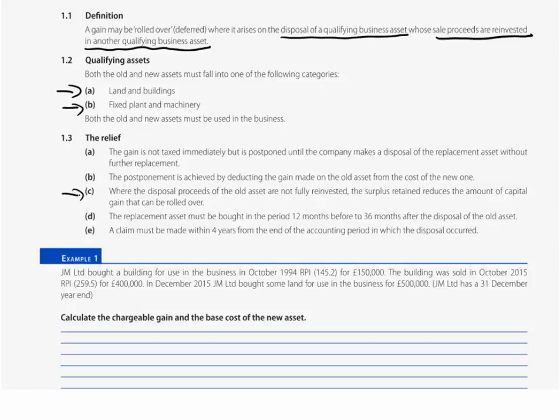If we reinvest some, but not all of the proceeds, then the best that we can hope for is partial rollover. So have a little read of the question there, and then we'll see about how we approach answering that problem. But hopefully you'll be way ahead of me by the time I talk to you again. So pause this for a moment, and then we'll start up again and go through it together.